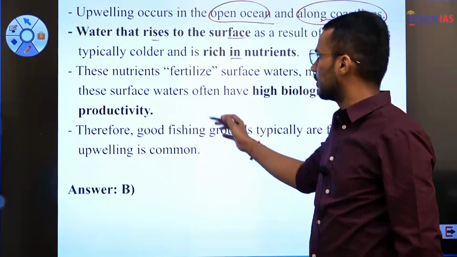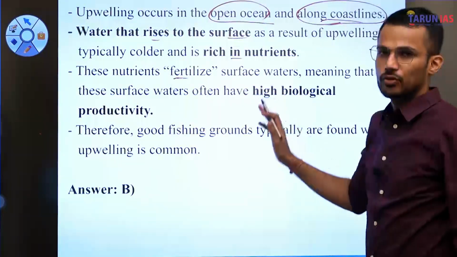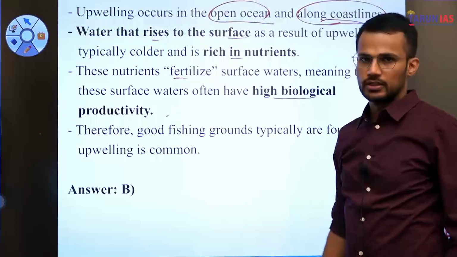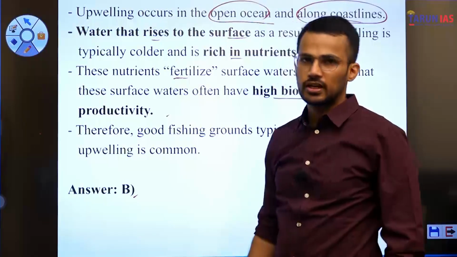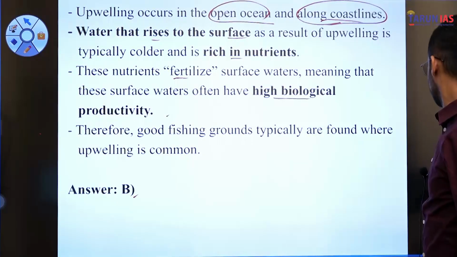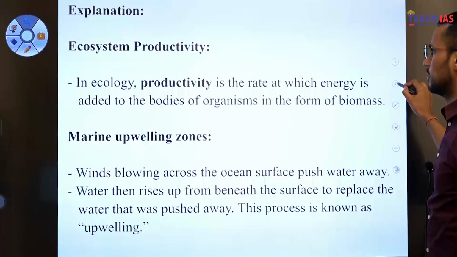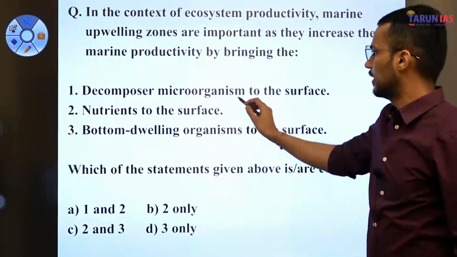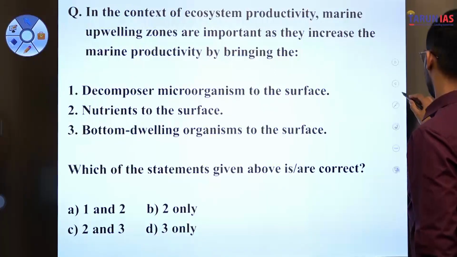That is similar to the fertilization of that surface water, which will lead to high biological productivity, and hence it is option B which is correct with respect to this question. Fine. So let me take you back to the options, and the answer is 2 only, right? Because it is nutrients that are being brought up by the upwelling. Next question now.